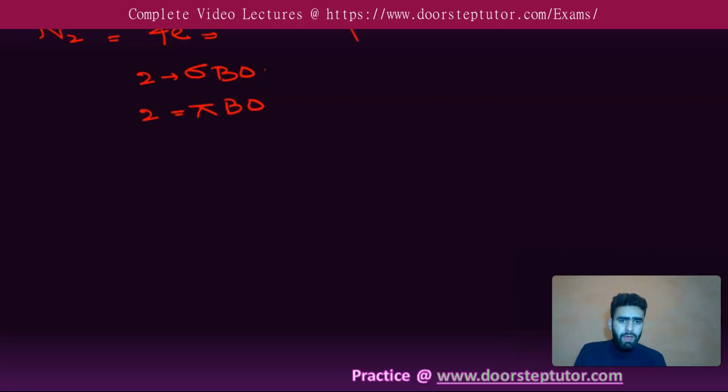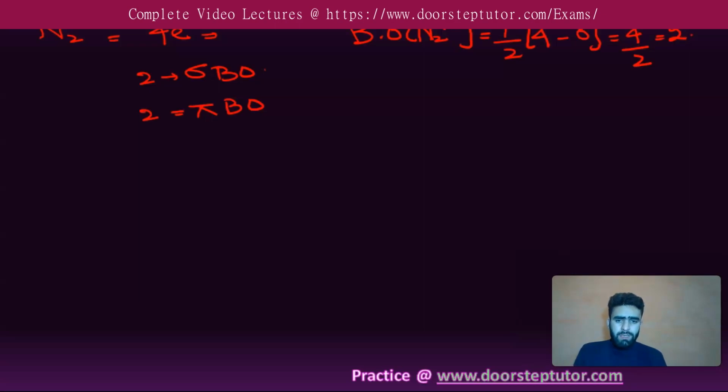Now if I have to calculate the bond order of the N2 plus 2 species, it will be equal to 1 divided by 2 times the number of electrons in bonding molecular orbitals, that is 4, minus the number of electrons in antibonding, that is 0. So it will be 4 divided by 2, and the bond order for N2 plus 2 is 2.